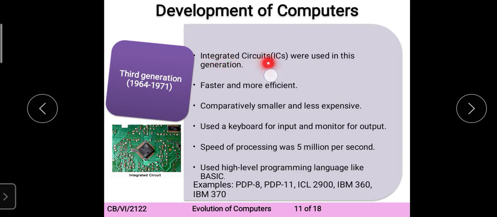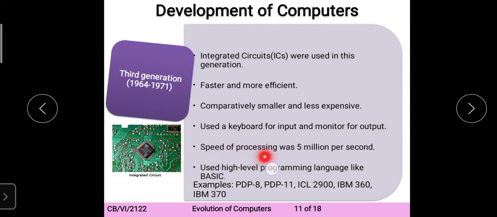Integrated circuits, called ICs, were used in the third generation. It is faster and more efficient, comparatively smaller and less expensive than the earlier two generations. It uses a keyboard for input and a monitor for output, as we are doing now.